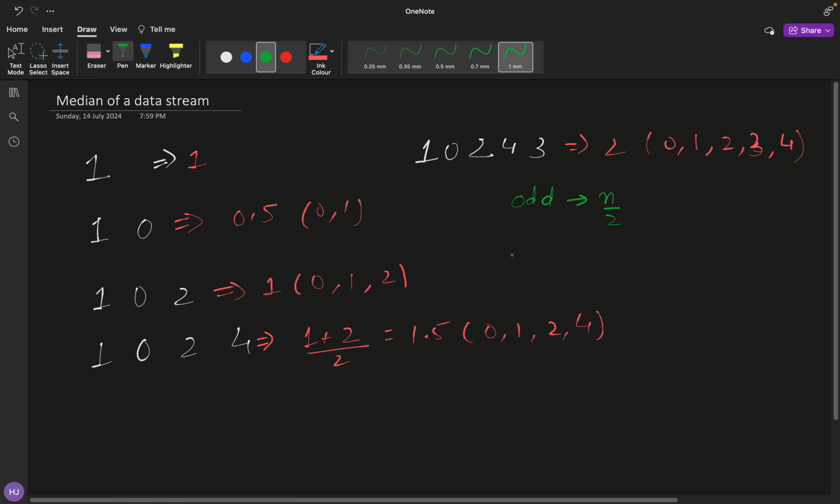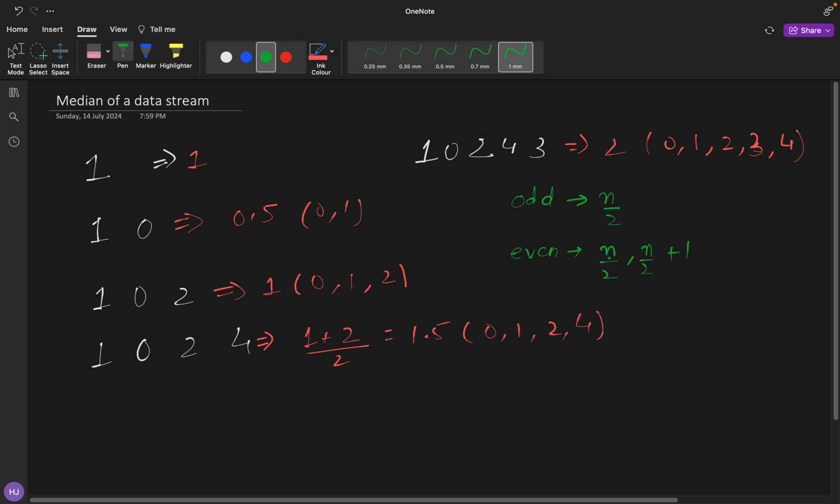And if I have an even number of elements in my list, then I have to calculate the average of the elements present at the n by 2th and n by 2 plus 1th place. So that's what the question states.